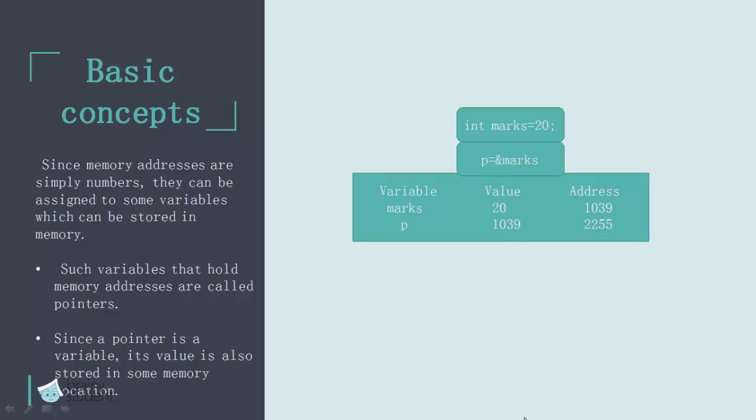Fine. So we have two variables, marks and p. The value for marks is 20 and the value for p is 1039. Let us suppose the address for marks is 1039, then the address of p is 2255. Fine. So I hope this is clear to you.